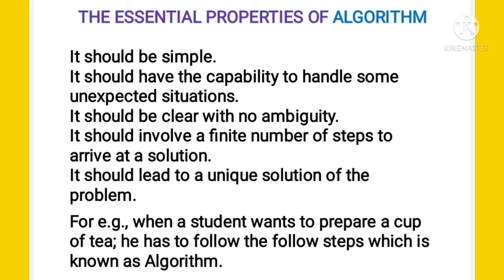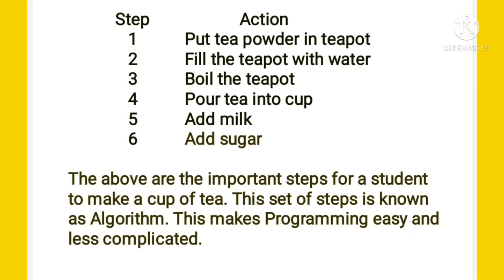For example, when a student wants to prepare a cup of tea, he has to follow the steps which is known as algorithm. Let's see the steps to be followed while preparation of a tea by a student. This set of steps are known as algorithm. This makes programming easy and less complicated.